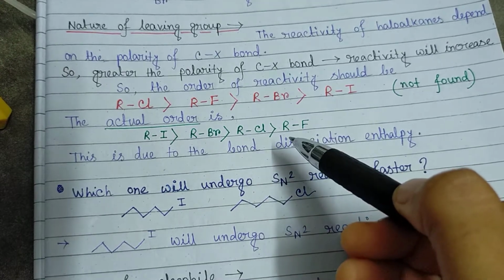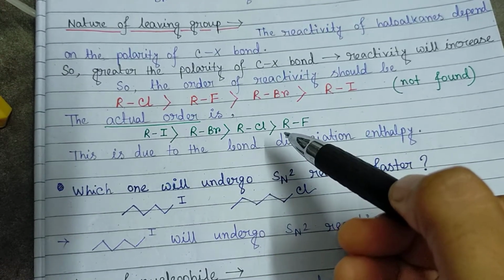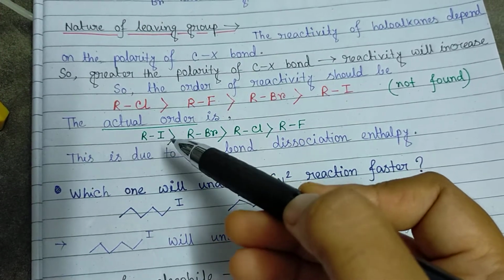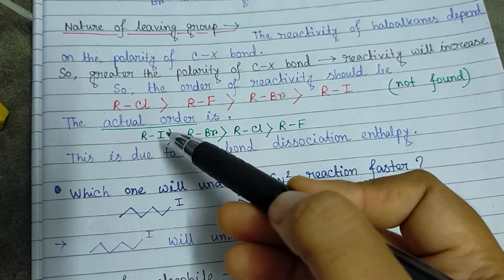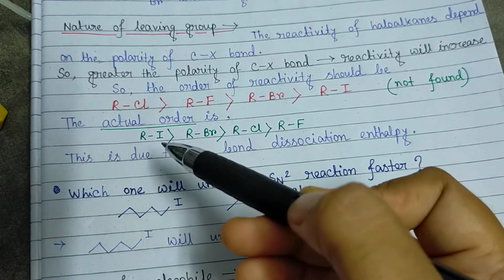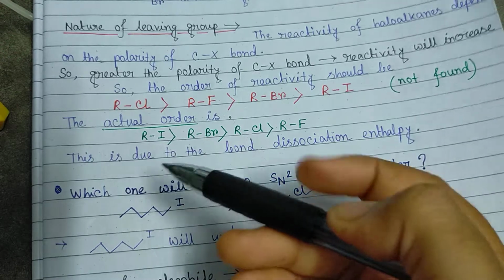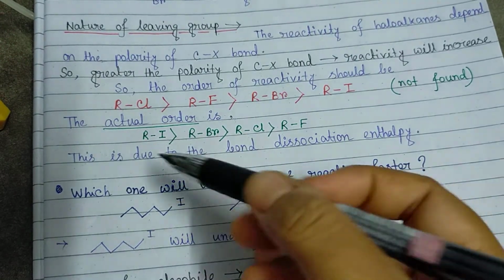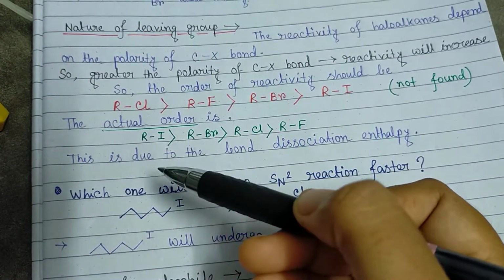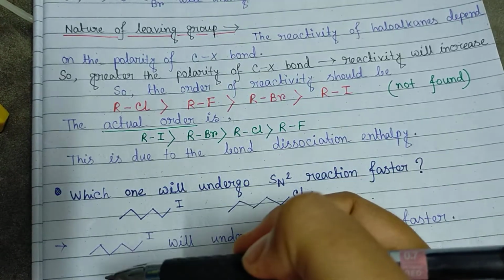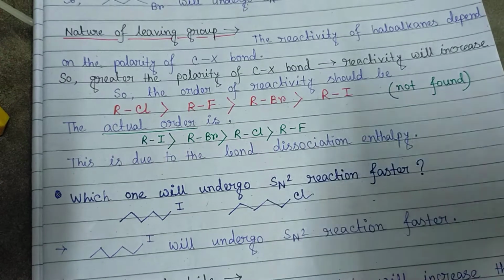The reason is the bond dissociation enthalpy. In the case of RI, due to the size of the iodine, the bond dissociation enthalpy is the lowest, and for that lowest bond dissociation enthalpy, alkyl iodide will be the most reactive in the SN2 reaction.